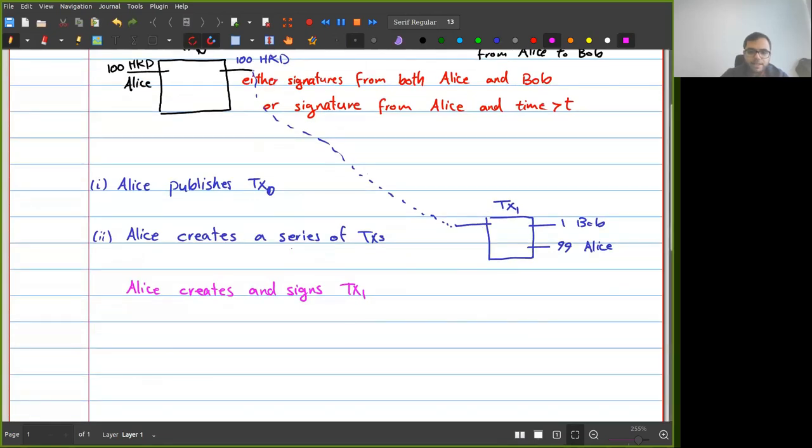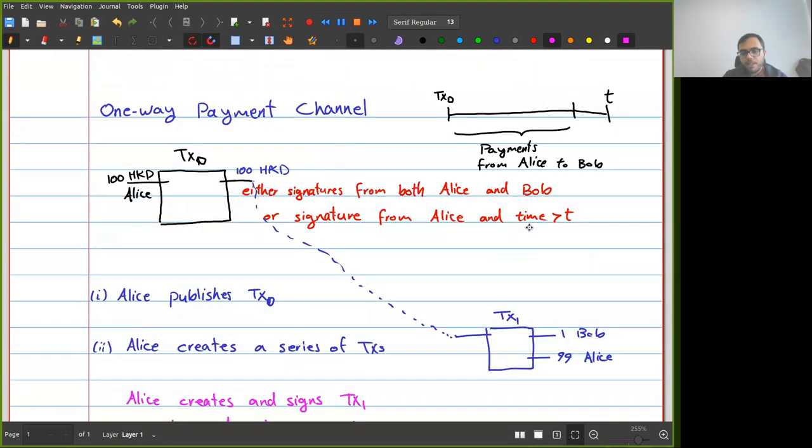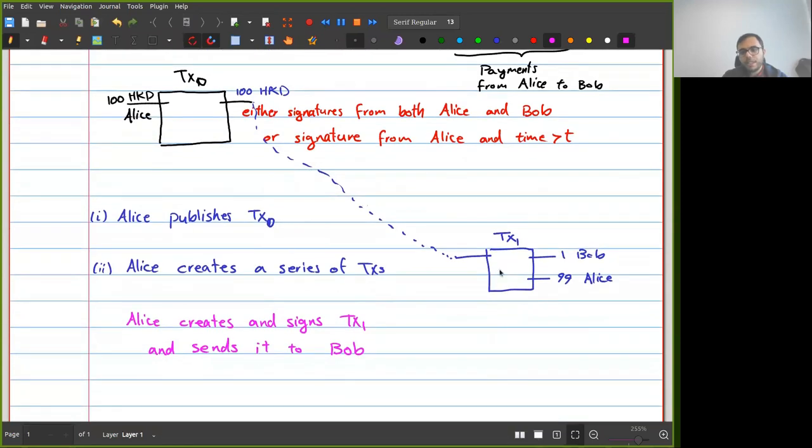Now, if Bob wants to reclaim the money, he can just sign transaction 1 and publish it.